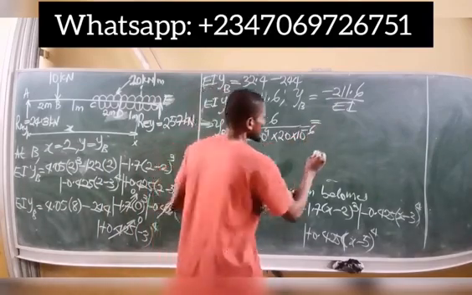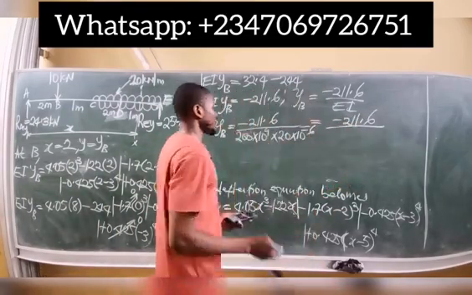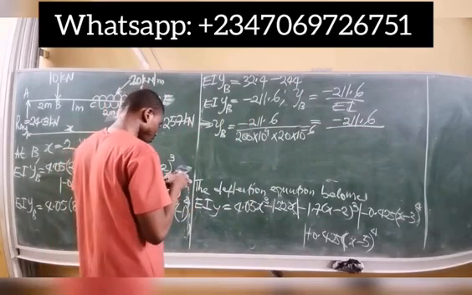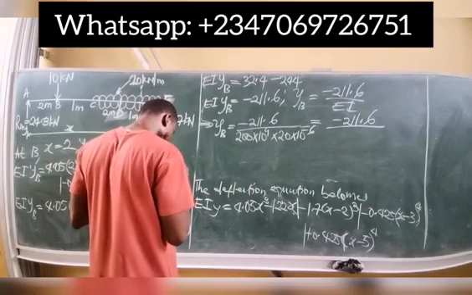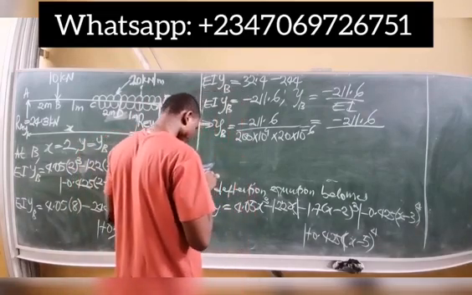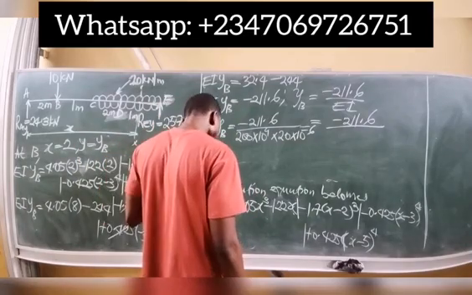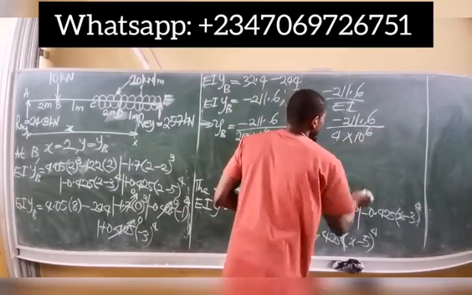So this is equal to minus 211.6 all over. Let's obtain these products now. 200 exponential 9 multiplied by 20 exponential minus 6. That simply gives us 4 by 10 to the power of 6.